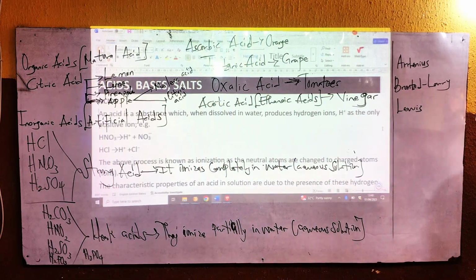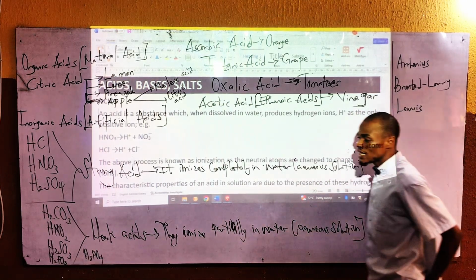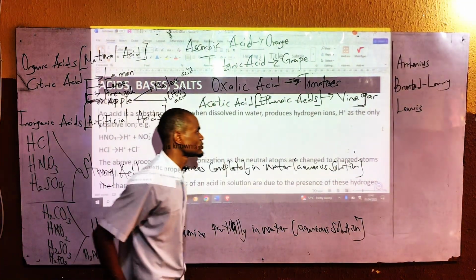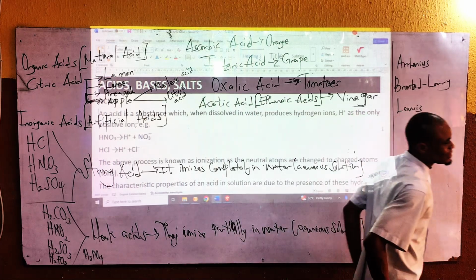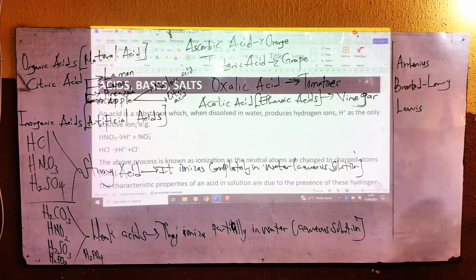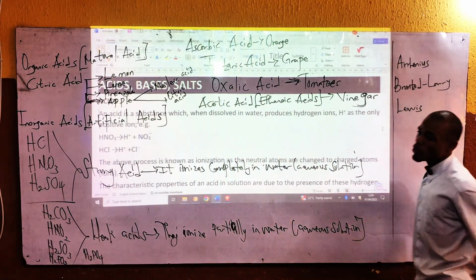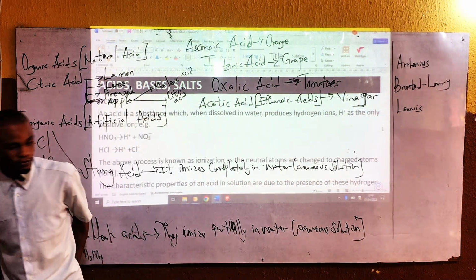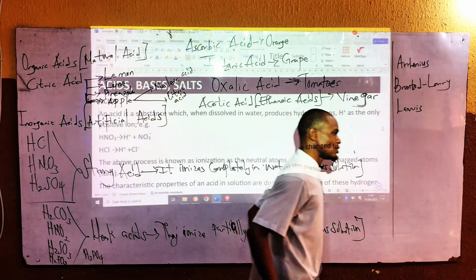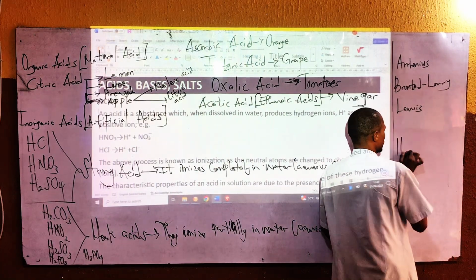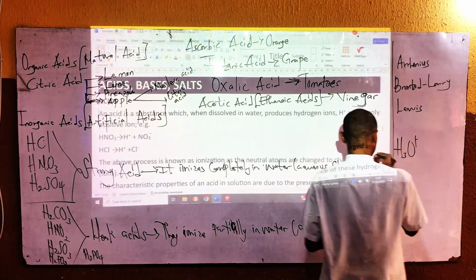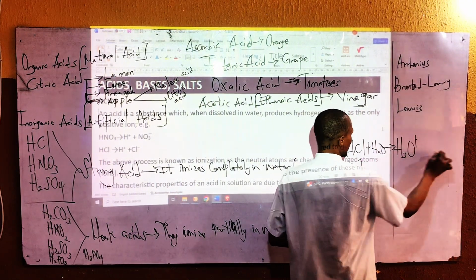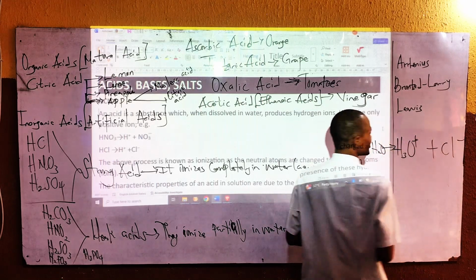Acid is a substance which ionizes to give hydronium ion in an aqueous solution, or hydrogen ion. But the correct expression is hydronium ion. When you put HCl in water, you get hydronium ion and chloride ion.